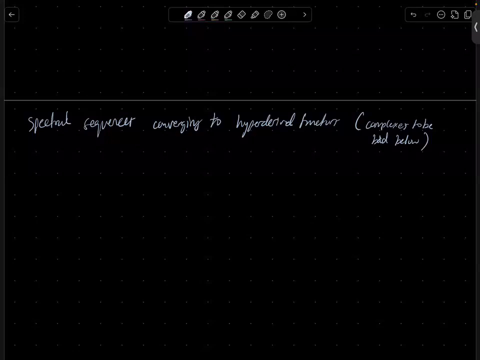But okay. So here, the first one is, well, for the left hyperderived functor, you should have the homological spectral sequences. So these look like this.